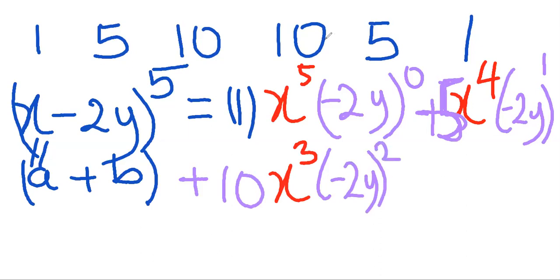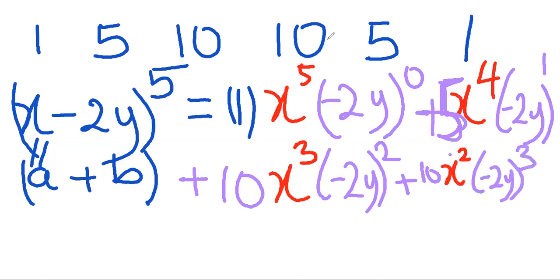If we go further, we still have 10 as the coefficient. Now x decreases to x raised to power 2, and next we have minus 2y raised to power 3.